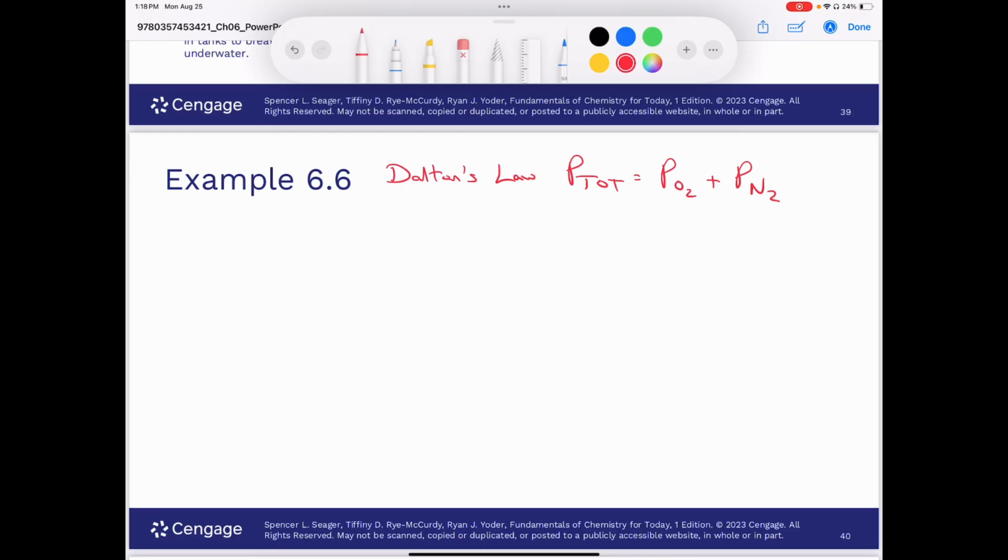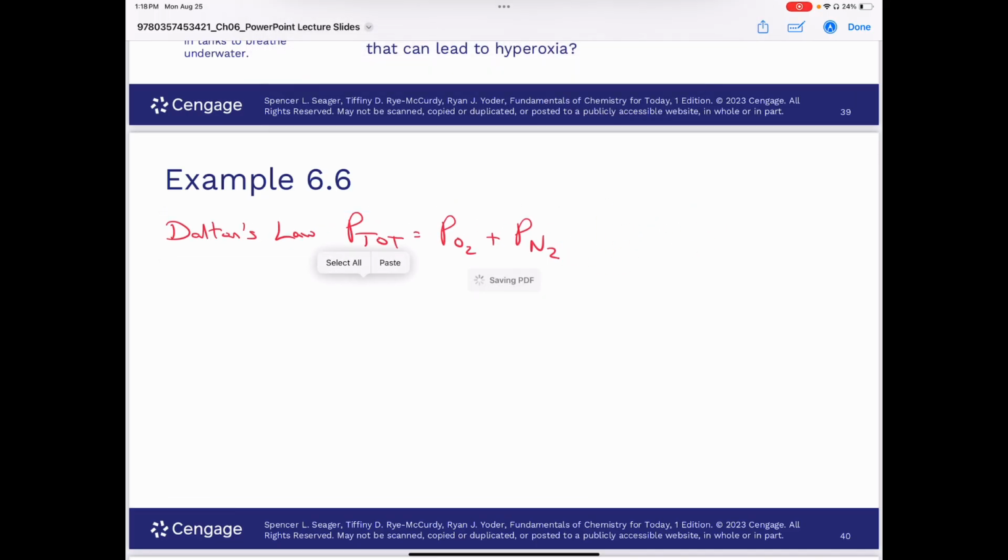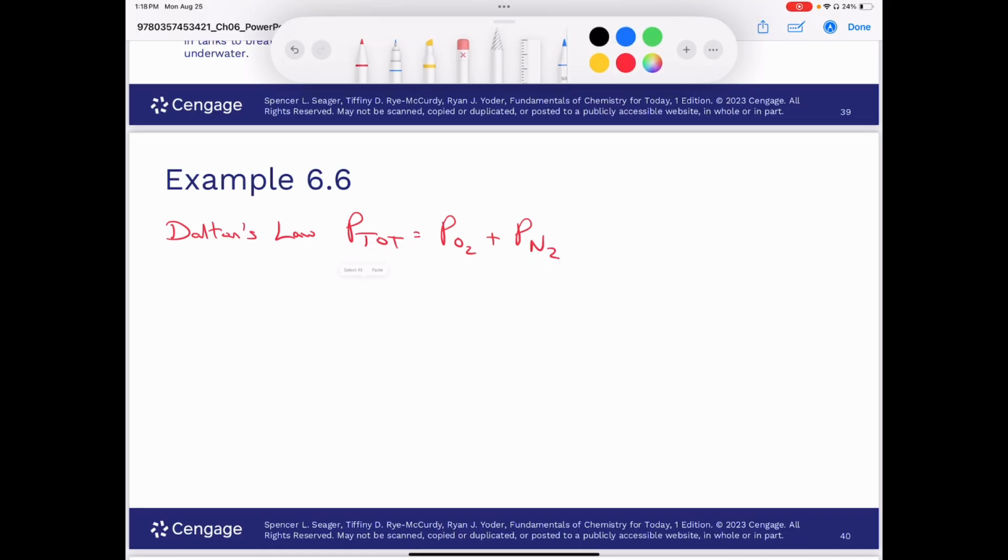They told us that it was 4.00 atmospheres. And they told us what the pressure of the nitrogen was. So I'm just going to leave PO2 in here because that's what we're looking for. The pressure of the nitrogen is 2.72 atmospheres.